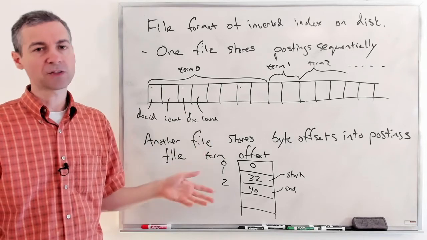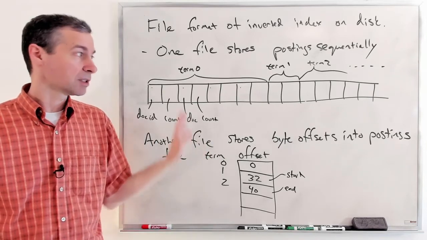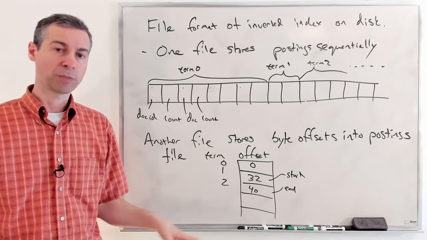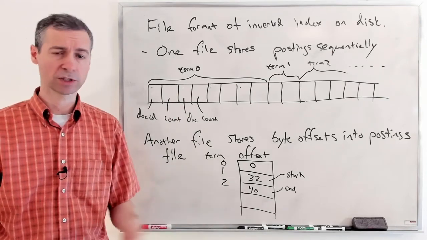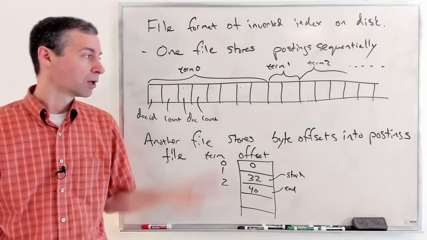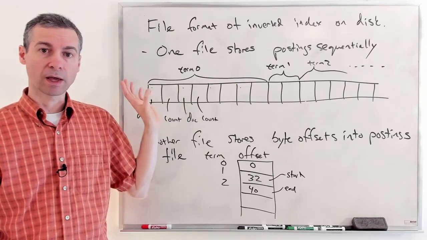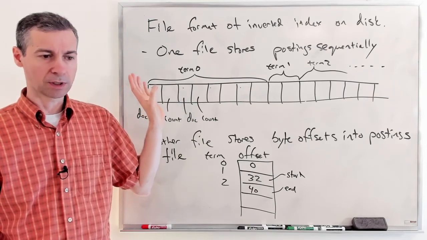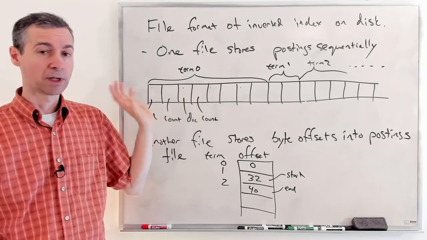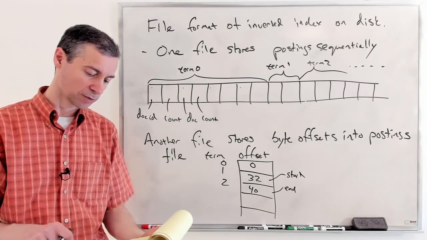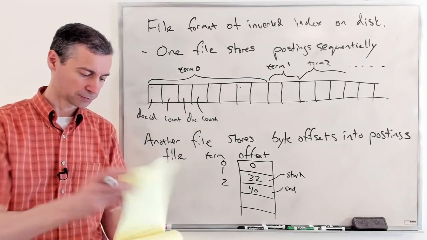So it's not as fast as memory, but on the scale of things, it is really fast compared to rereading that whole collection and trying to calculate stuff. So we're able to look up which documents a term is present in, and how many times that term occurs in those documents, really quickly, even when it's on the hard drive.